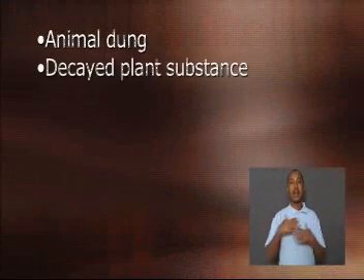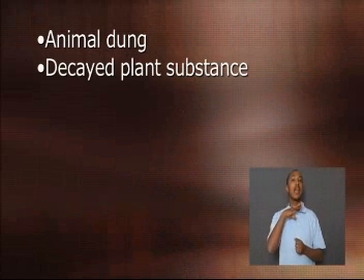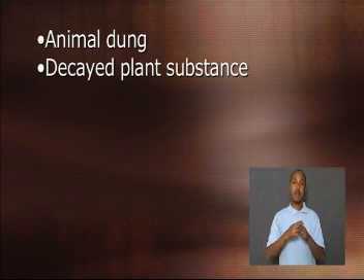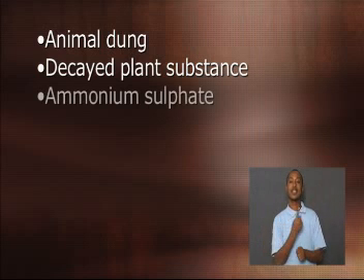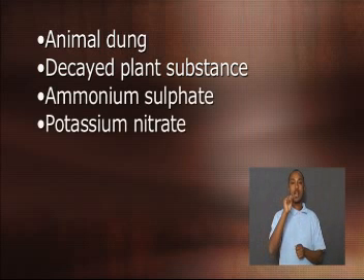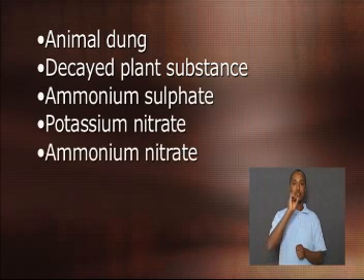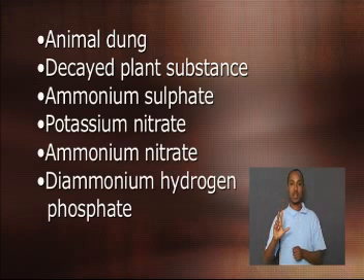You might have named organic fertilizers like animal dung and decayed plant substances. You might also have named synthetic fertilizers such as ammonium sulfate, potassium nitrate, ammonium nitrate, or diammonium hydrogen phosphate. All of these are correct.